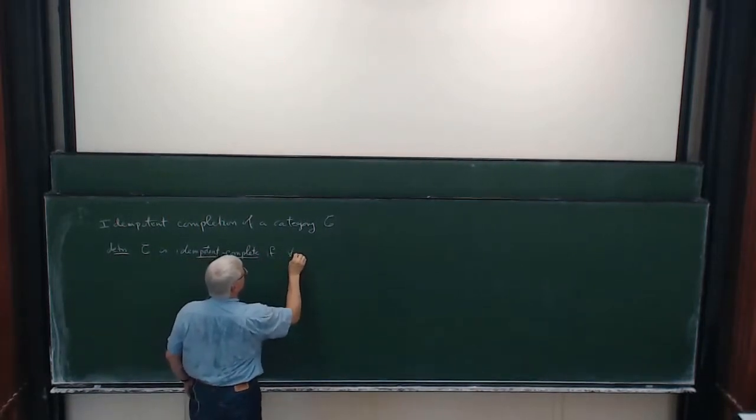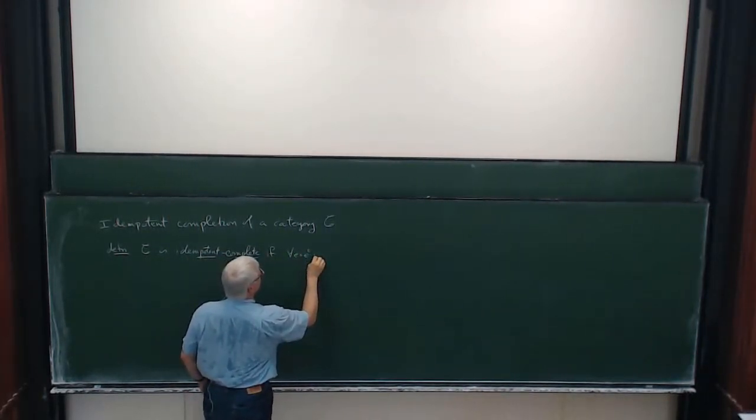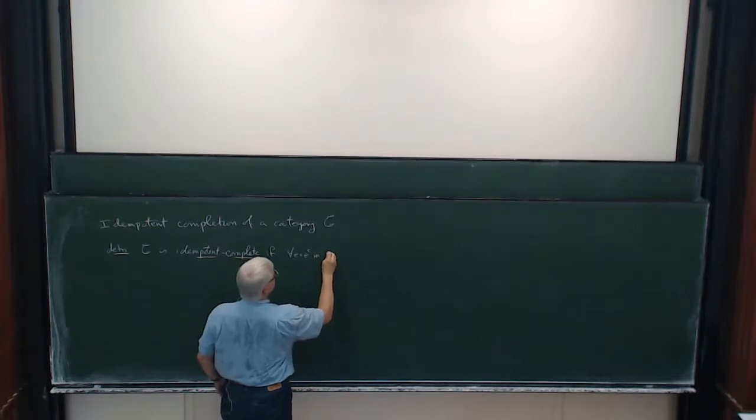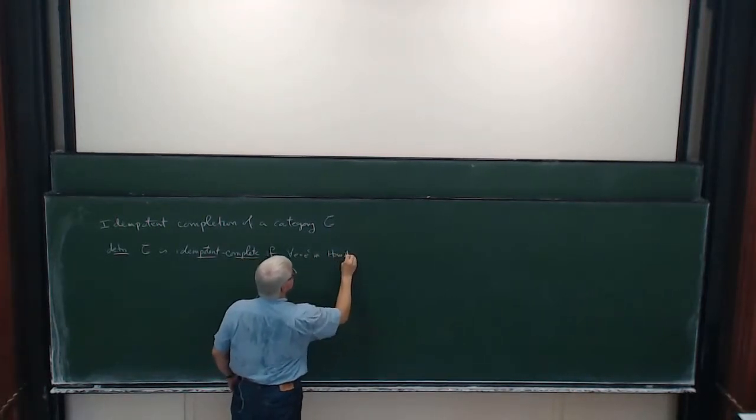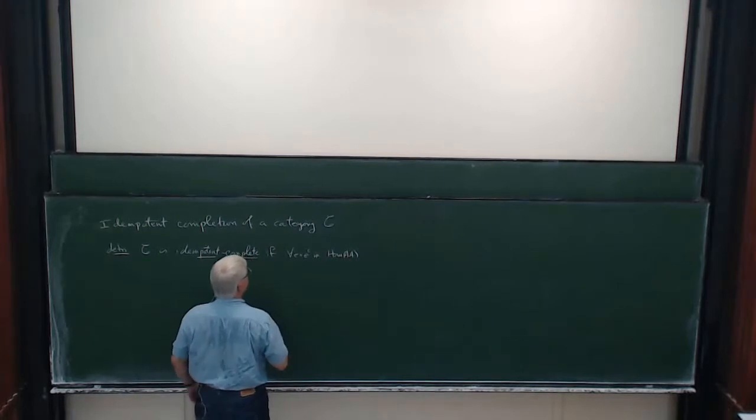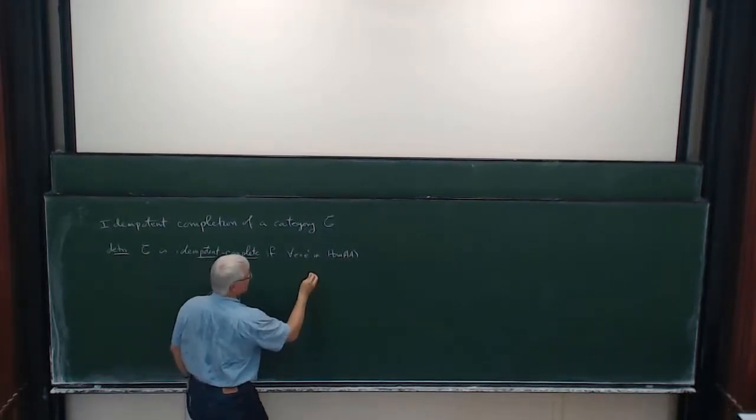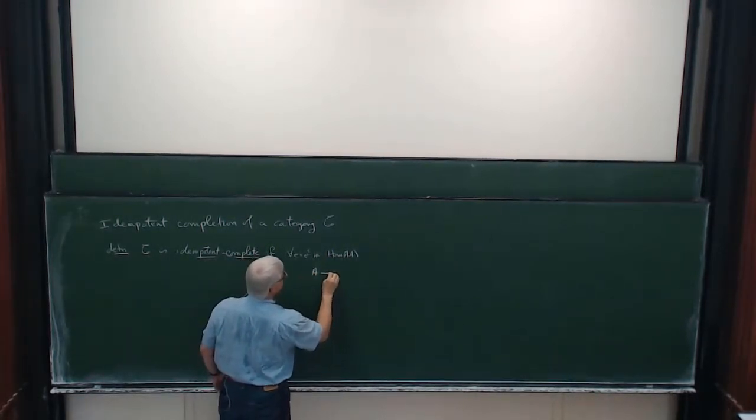if for every idempotent E on A, so we have the following diagram. Here's A, here's E, so this is for every one of these things.